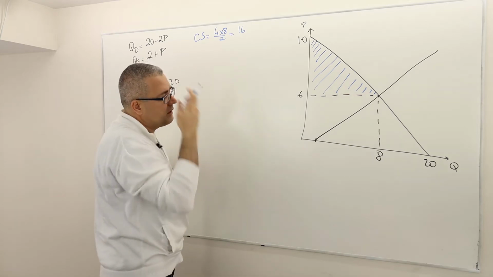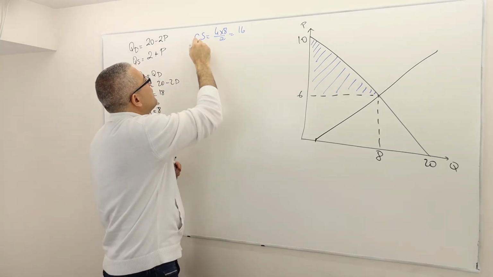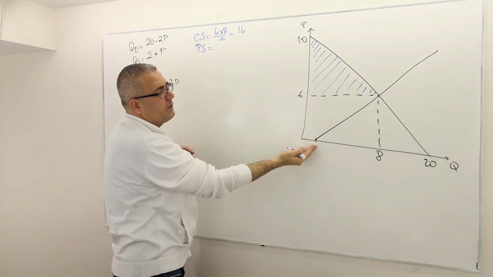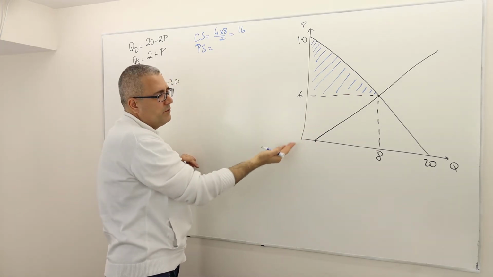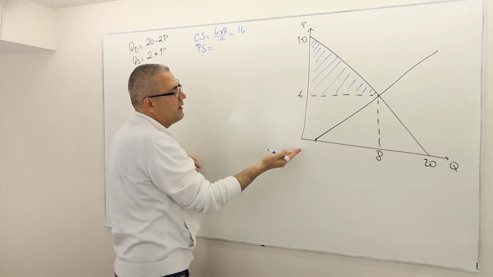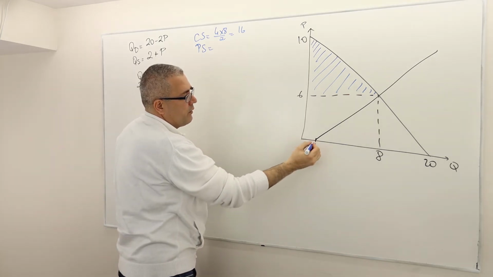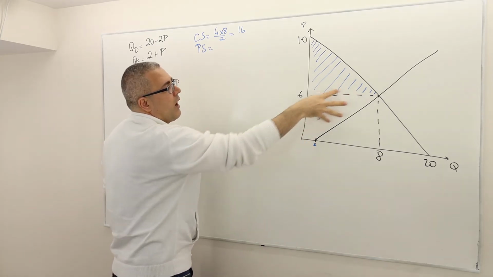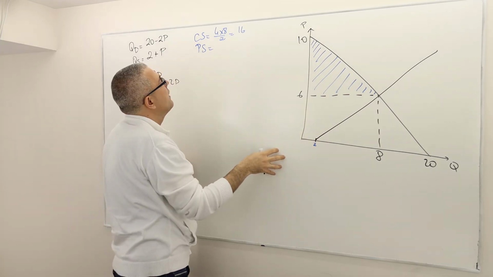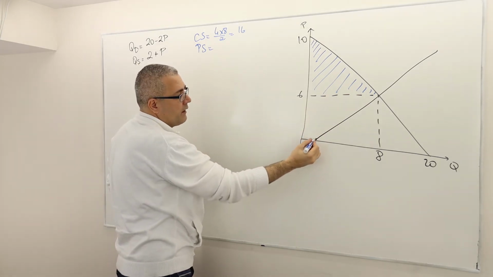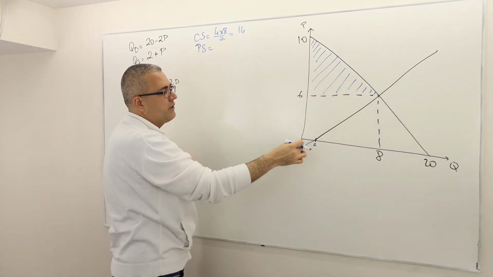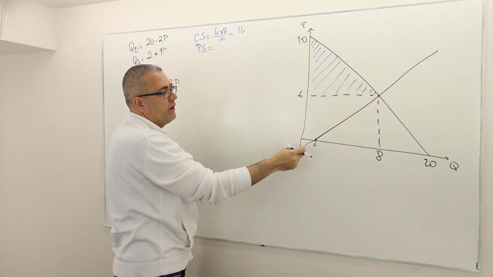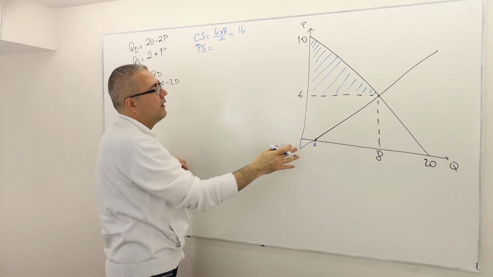Well, what about the producer surplus? So here, be careful, the supply curve doesn't start from the 0 point, and so it's not really a triangle, but you know, this is 2, be careful about it, and you know how to find this area, hopefully. If you don't know, that's fine, just find the area of this big triangle, and then subtract the area of this small triangle, all right?